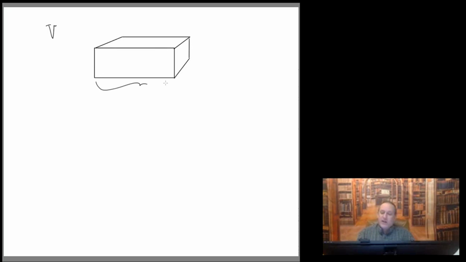We have an initial length, an initial width, and initial height. We can do the same thing, let it expand.